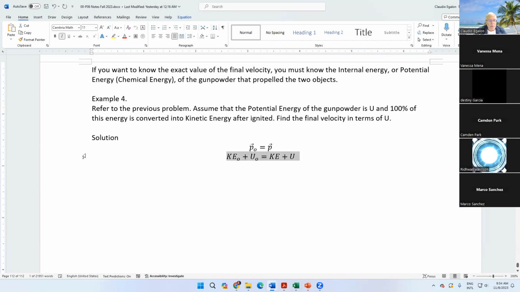Because the two objects are initially at rest, the initial kinetic energy is 0. At the end, you used up 100% of your initial potential energy, so your final potential energy is going to be 0.